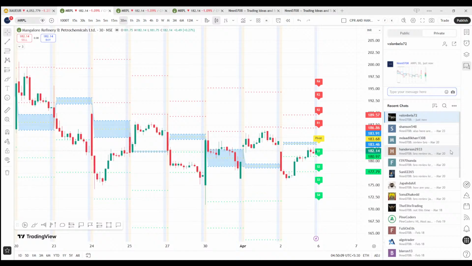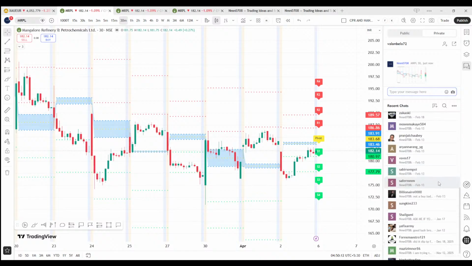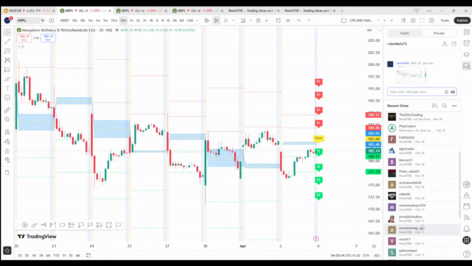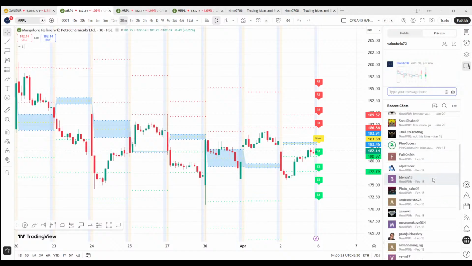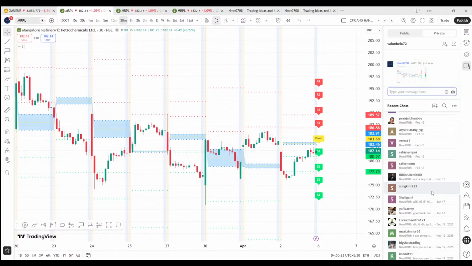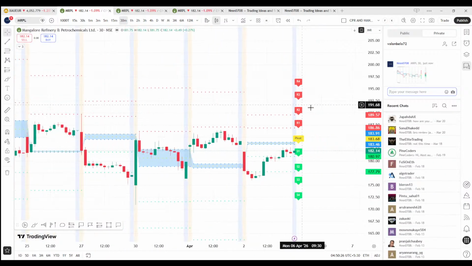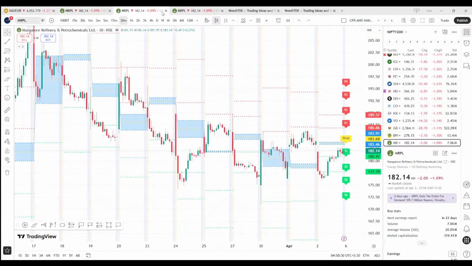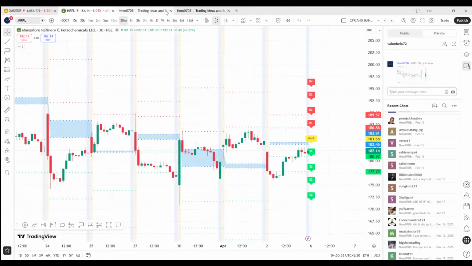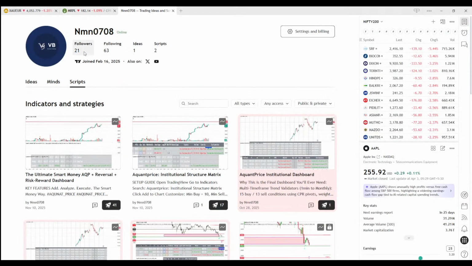Or once you have followed me, you can also start to DM me. You can ask anything about the screen, what I'm seeing, and what my thoughts are on different charts. This is how we can have the community built in TradingView itself. So I like this feature, guys. You can get in touch with me live once you have followed me here on TradingView.